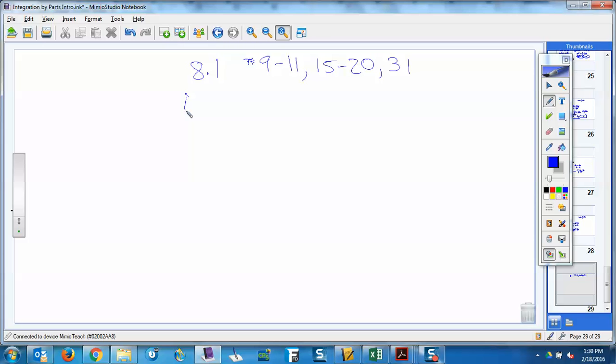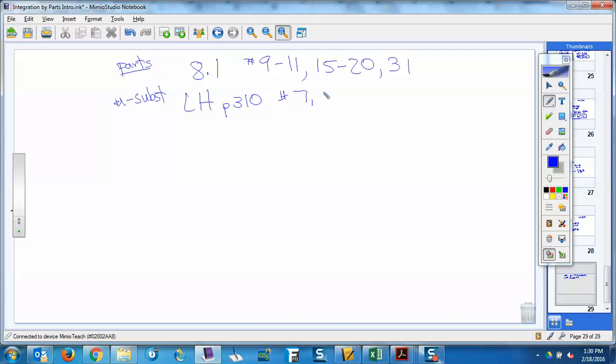And then I've got another small little LH packet here with some u substitution. So 8.1 is parts, and this here is u substitution. So there's a line right below the bold, the first time on your assignment sheet where it says LH page 310.